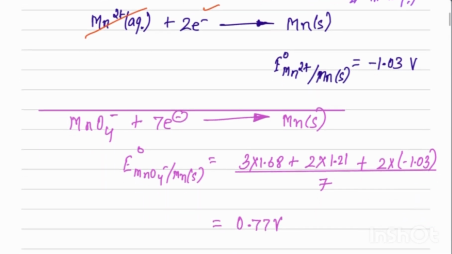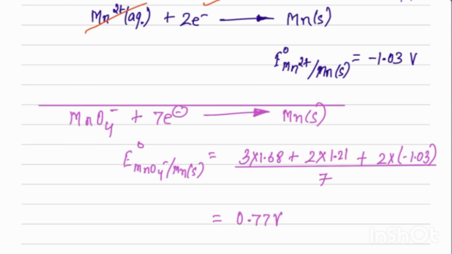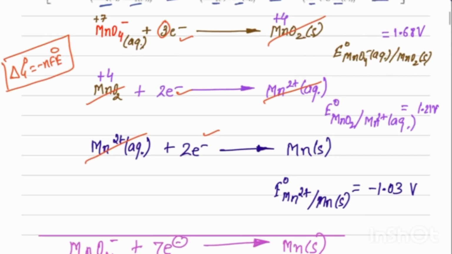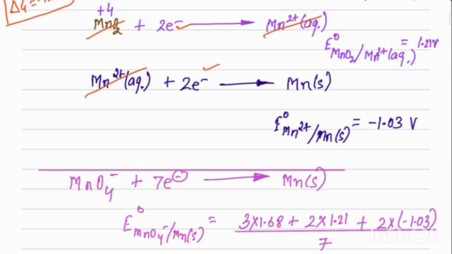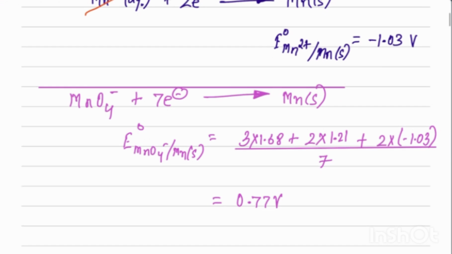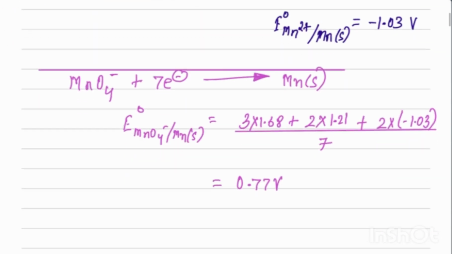Using this equation, the E0 of MnO4 negative to Mn solid comes out to be 3 into 1.68, because 3 electrons are involved in the first reaction, plus 2 into 1.21 because 2 electrons are involved, plus 2 into minus 1.03 volt because 2 electrons are involved, and F will cancel out.